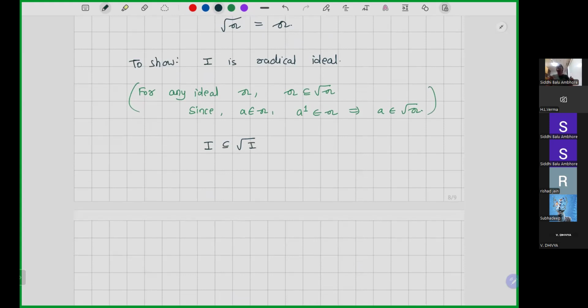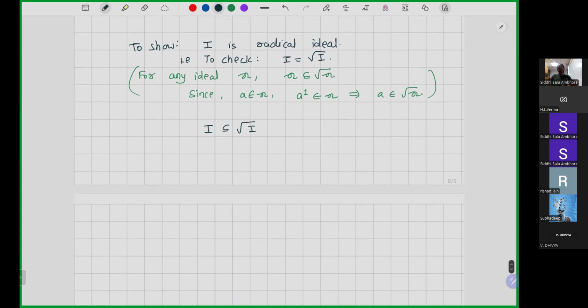So when I am saying that I want to prove that I is a radical ideal, I want to show that I is equal to the radical of I. So the first inclusion, I is contained in the radical of I, is clear.